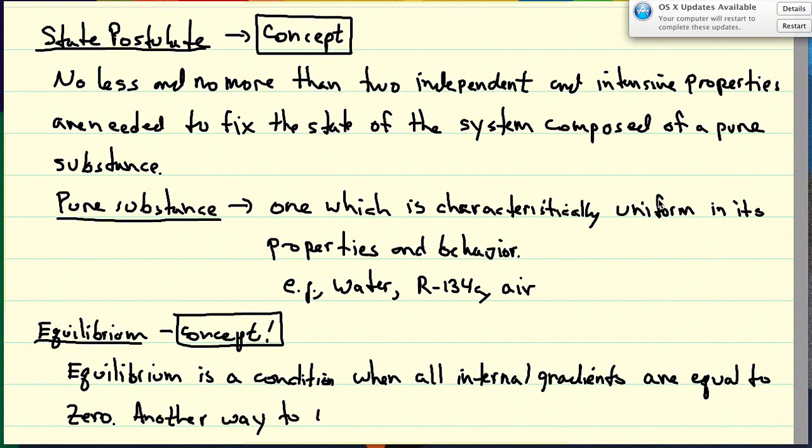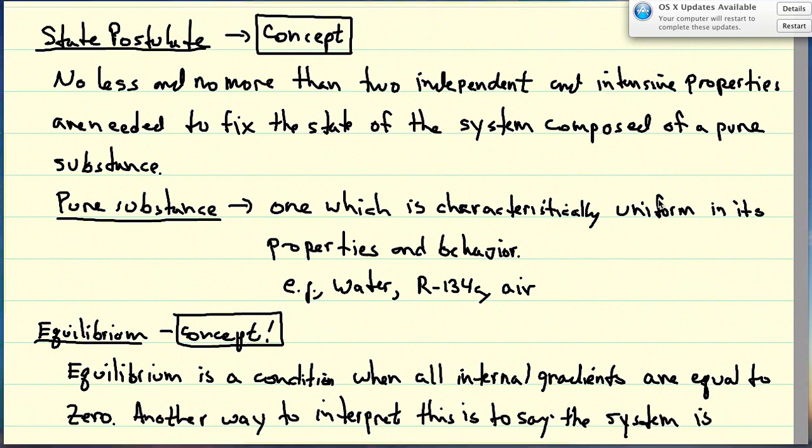So another way to interpret equilibrium is to say the system is balanced. It's not the most rigorous or precise definition, but conceptually I can see how it helps us understand what equilibrium is.